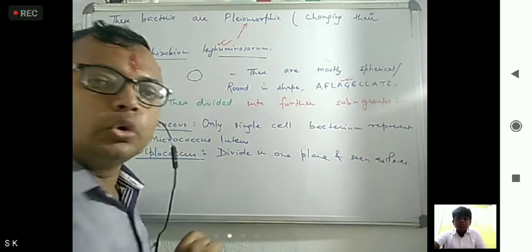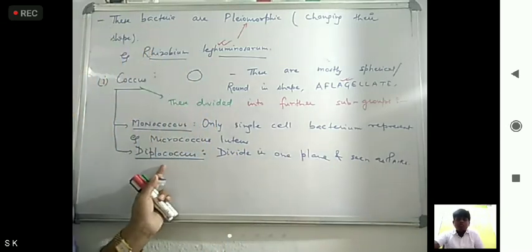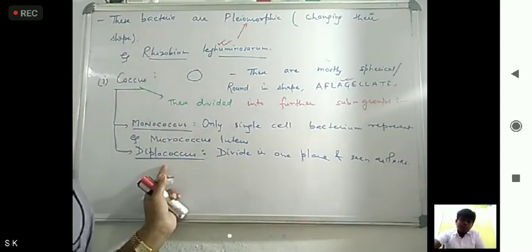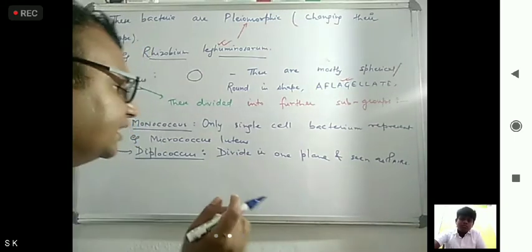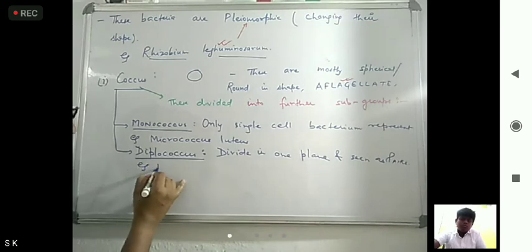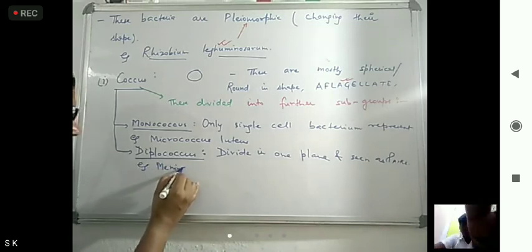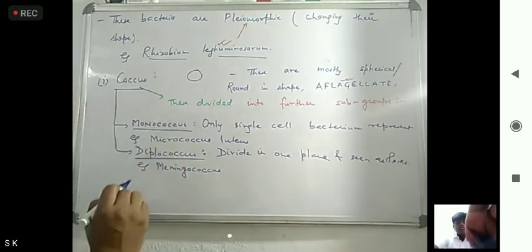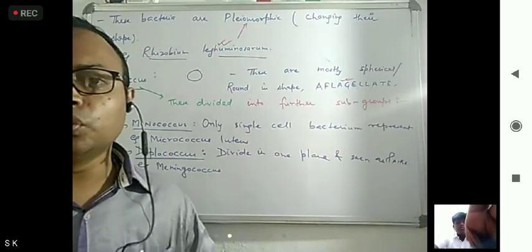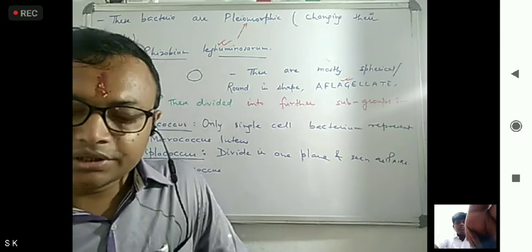Pairs means two. So this comes under Diplococcus. Now in Diplococcus, an example is Meningococcus. For example, the bacteria name is Meningococcus. Okay. So first what we saw? Monococcus.